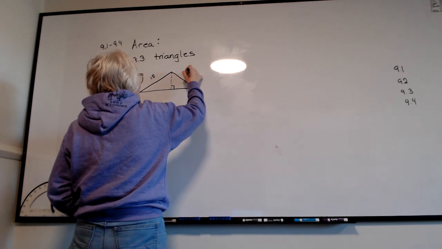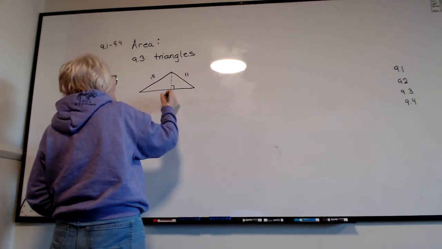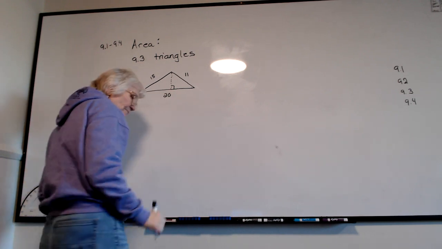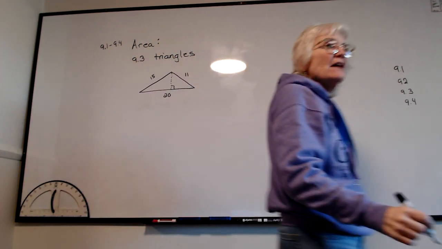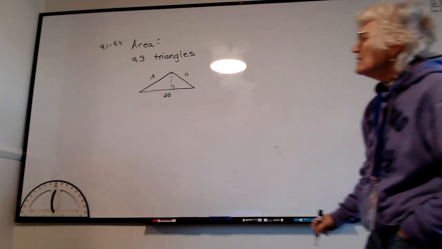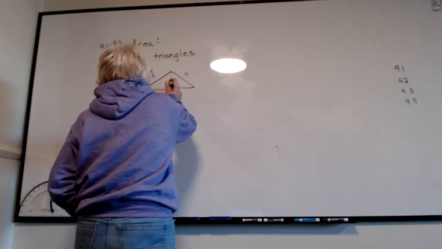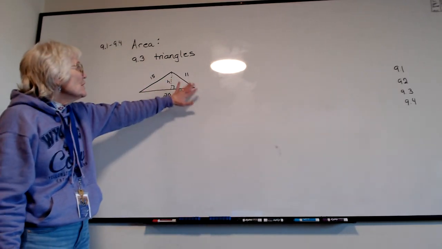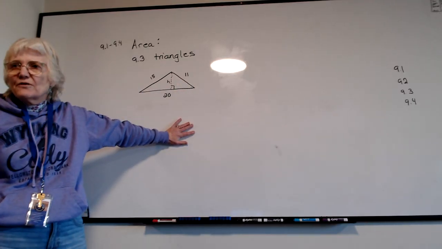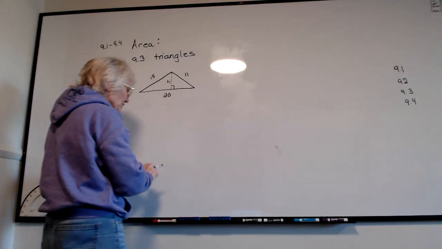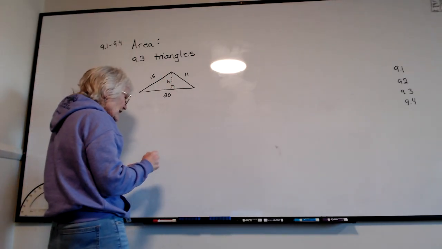And we'll make this 20. Okay? So, before I can find the area of this, I can find this height right here. I just need to find the height. So I can choose one of these triangles. I don't have to do both. So I'm going to choose the one on the right-hand side.